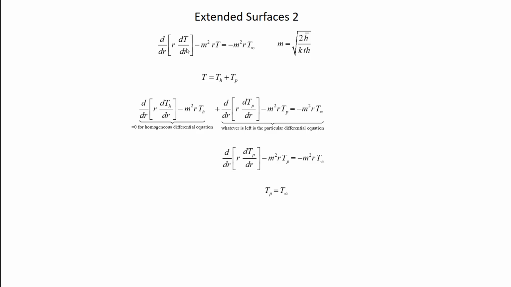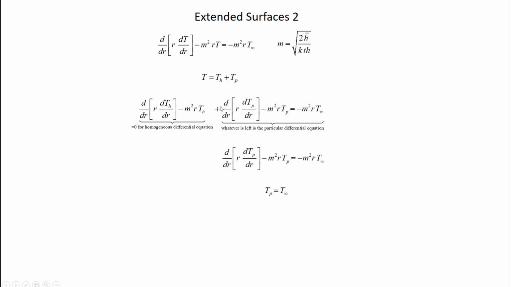So instead we have to break this up into a homogeneous and a particular solution. So I make this substitution into here, and I get this equation here. And I have to remember that the homogeneous solution solves a homogeneous differential equation, so this has to be equal to 0, right? And then whatever's left is my particular differential equation, right?